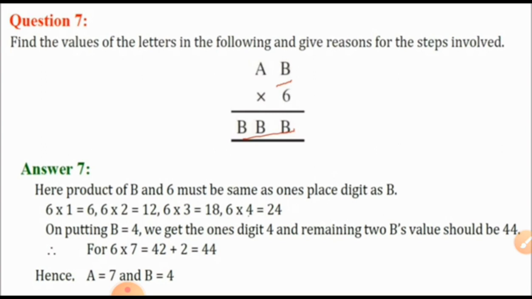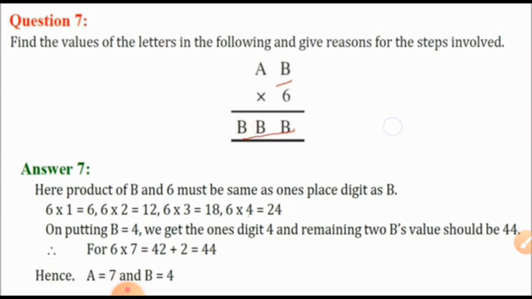In the answer's downside here, the product of B and 6 must have the same ones place digit as B. Okay, so 6 1s are 6, 6 2s are 12, 6 3s are 18, 6 4s are 24. Yes, if I take 4 then my answer is 24, isn't it? If I take 3 I have the answer 18. If I take 2 then 12. So 2 and 4: 24. Let's check for 4.